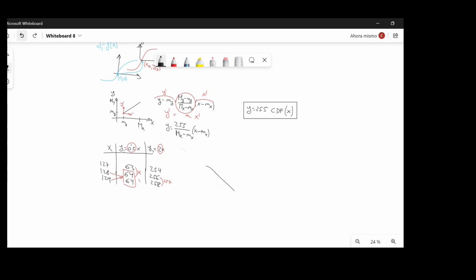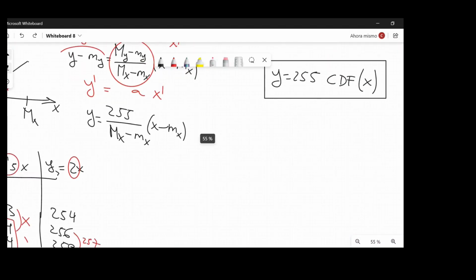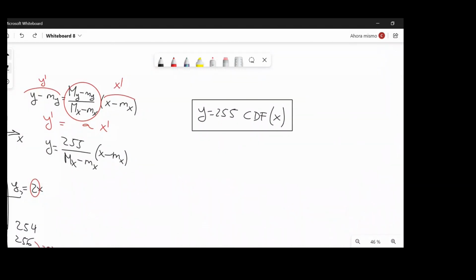Let's make it bigger, sorry, so that I write at the same size. So the red color will be 255 times the CDF of the luminance of the red. So this is the red in, this is the red out.